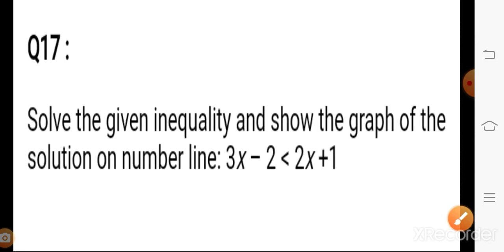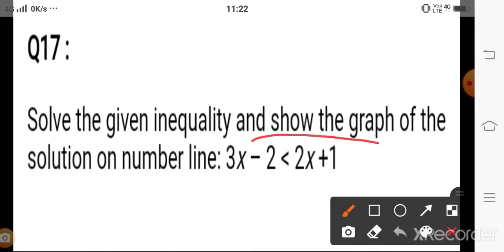Let us start. A question from exercise 6.1, question number 17: solve the given inequality and show the graph of the solution on the number line. How to solve this we have already done in the first presentation.